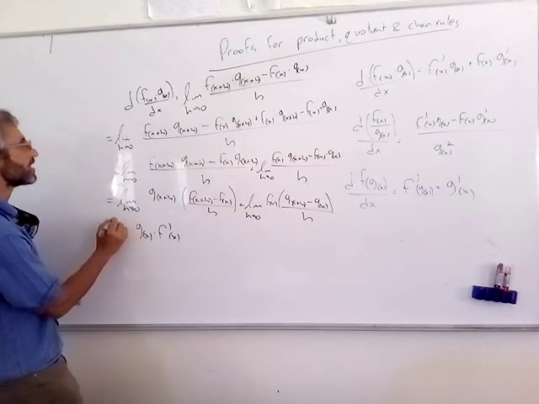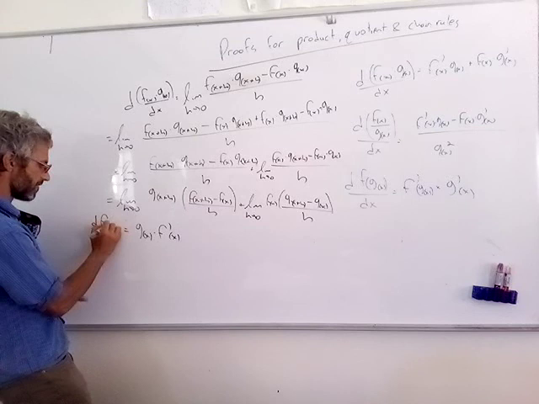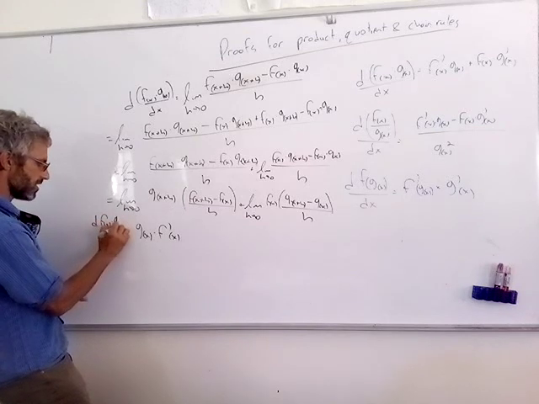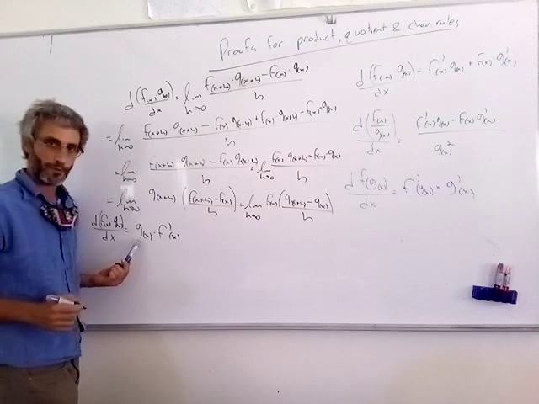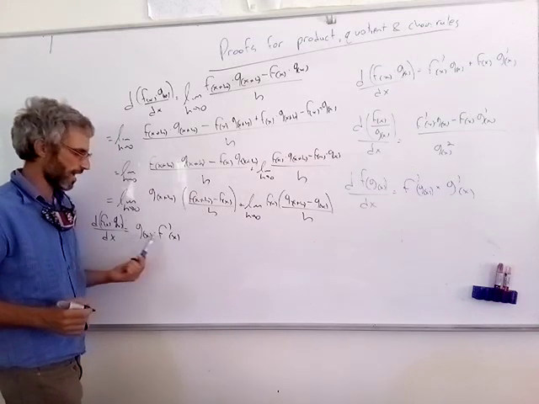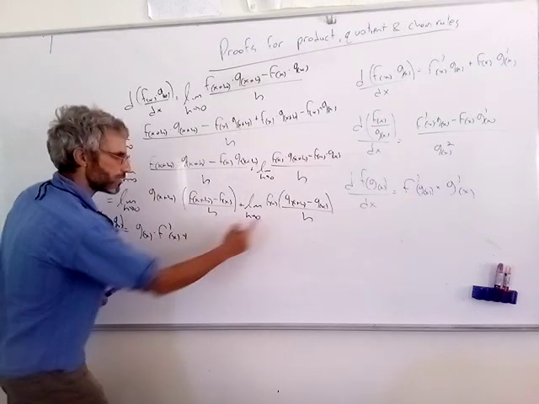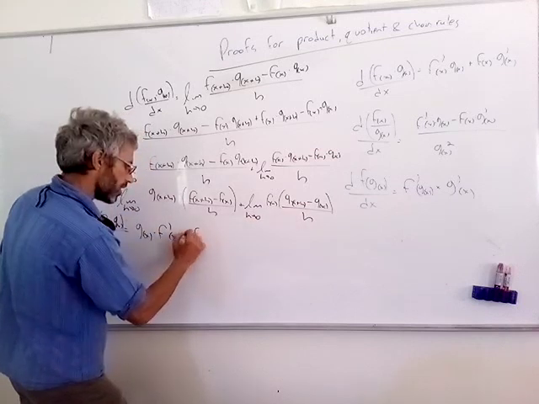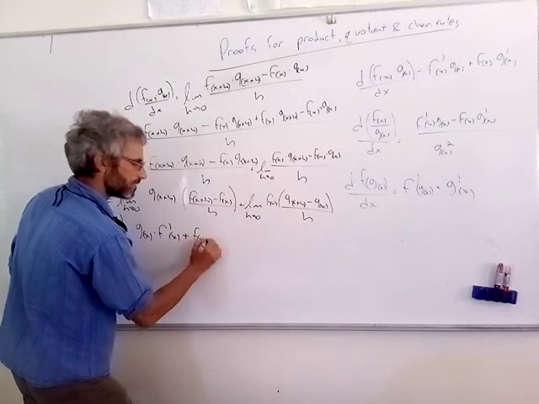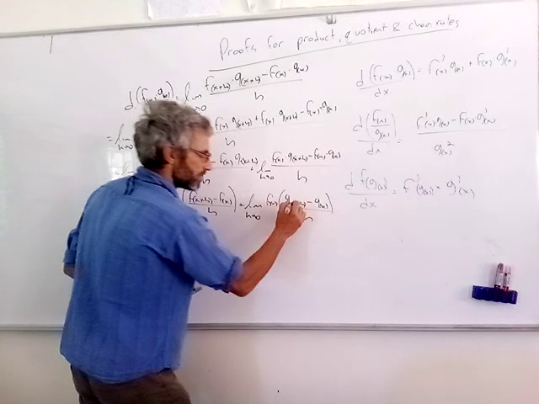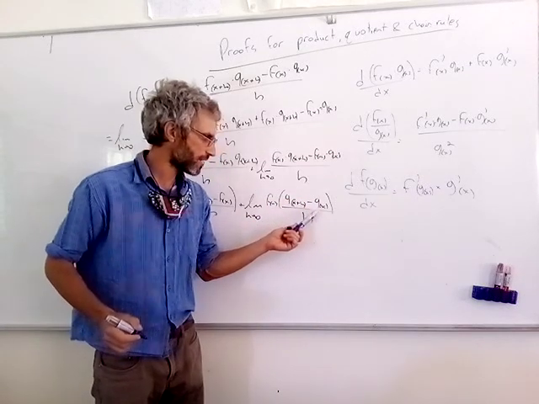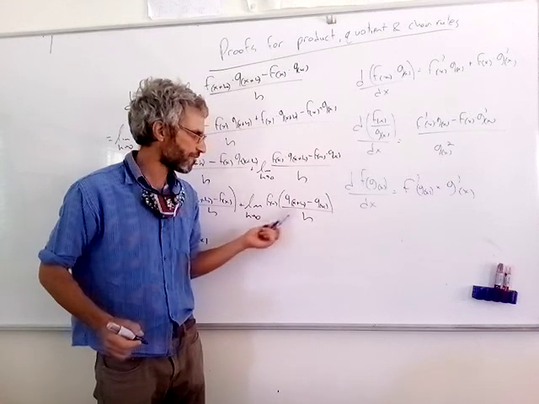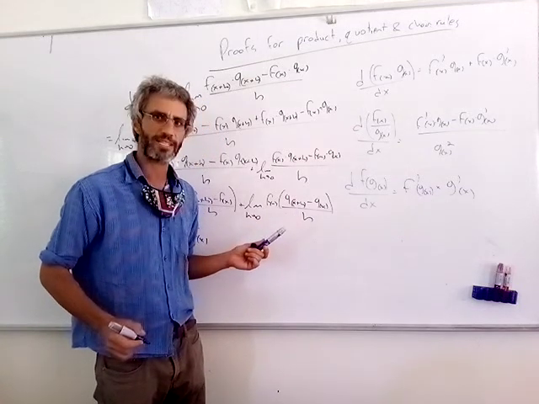So what I've got here is d of f(x) times g(x), the derivative of the product of these functions, is first g(x) times f prime of x plus, what do I have here? Well, now I've got f(x), and what is this term? In this term we have g(x+h) minus g(x) divided by h. That's the difference in the g's divided by the difference in the x's.